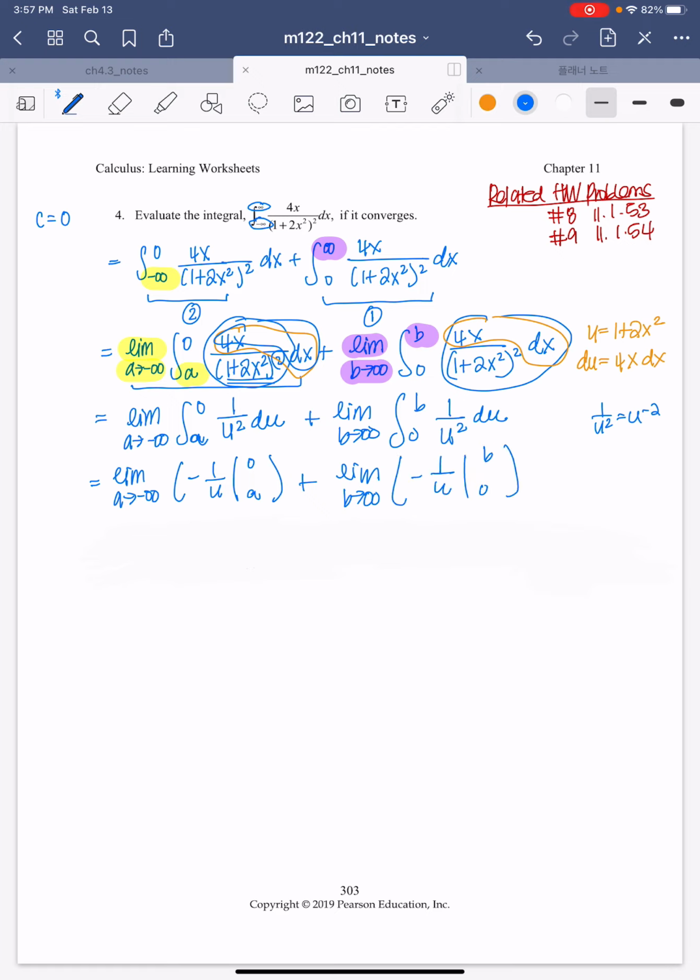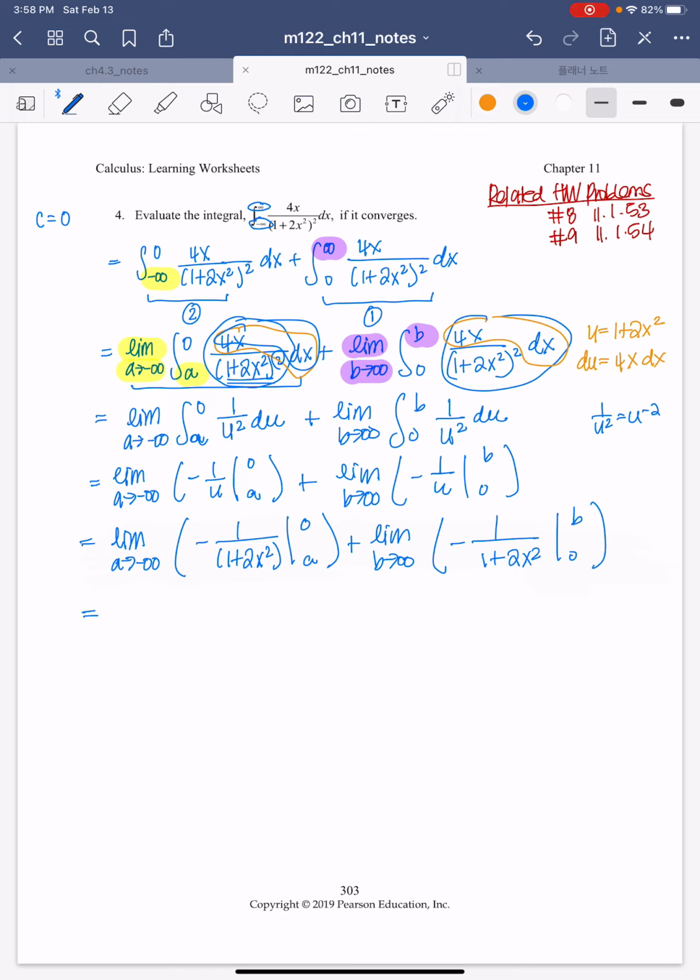Let's plug it in. Limit as a approaches negative infinity, you have negative, so substitute u back, 1 over 1 plus 2x squared, from a to 0. Limit as b approaches infinity, again back substituting u as 1 plus 2x squared, from 0 to b. Now plug in 0 and a, and then b and 0.